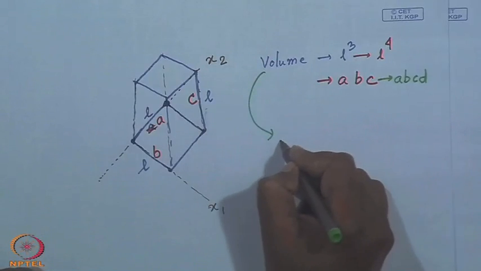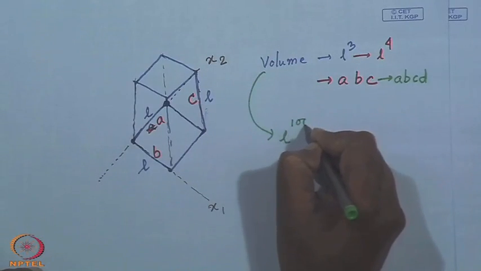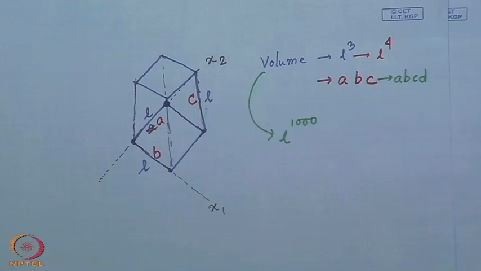So, if I have a feature space of dimension say 1000, the volume of a hypercube in 1000-dimensional space will be given by L to the power 1000, as 1000 is the dimension of the space.